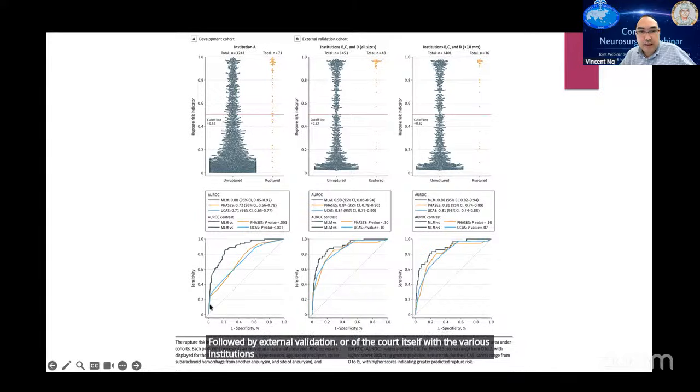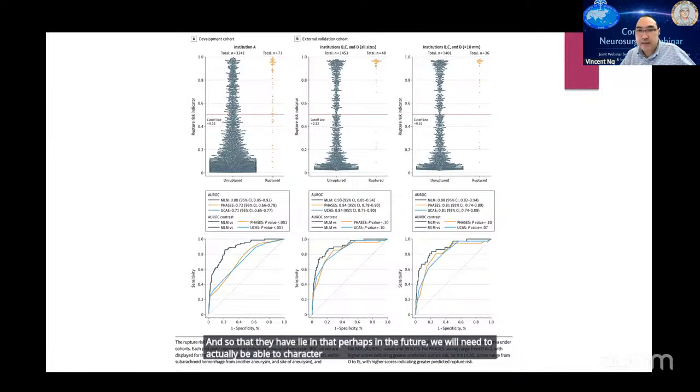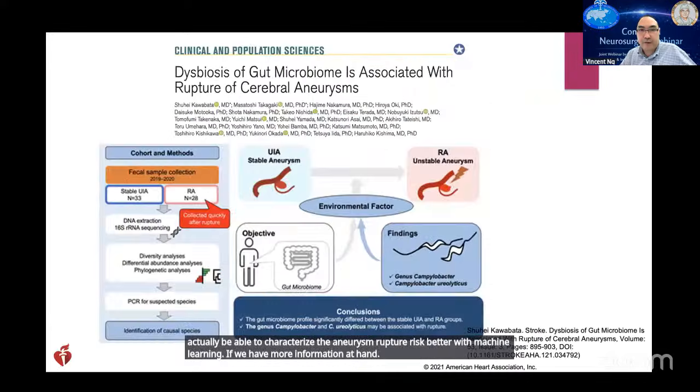And on the area under the curve, the ROC curve itself, you can see that the performance of the ML model is actually better than the usual prediction modeling that we do with the PHASES or UCAS scores. So perhaps in the future, we will be able to characterize the aneurysm rupture risk better with machine learning if we have more information at hand.